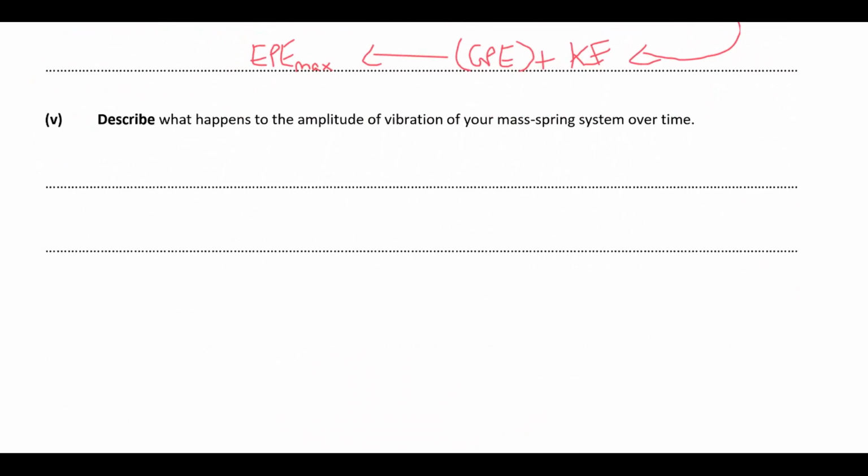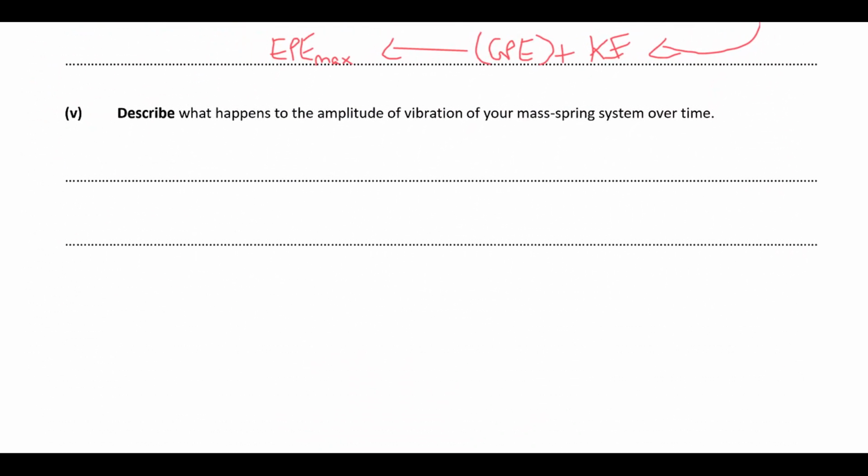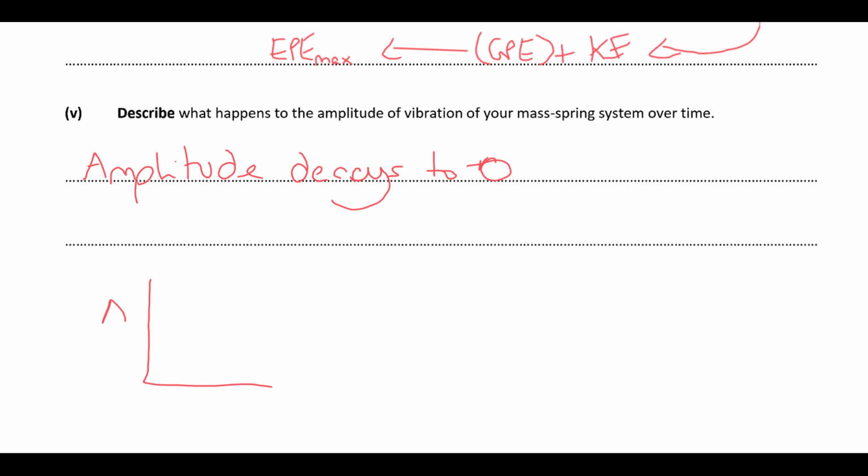So what happens to the amplitude of a vibration over time? The amplitude decays to 0. What do I mean by that? If we plotted a graph of the amplitude against time, so we initially displaced it, we would get a graph that looks a bit like this.